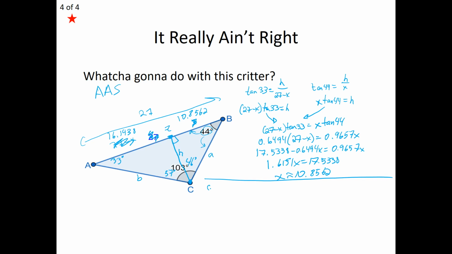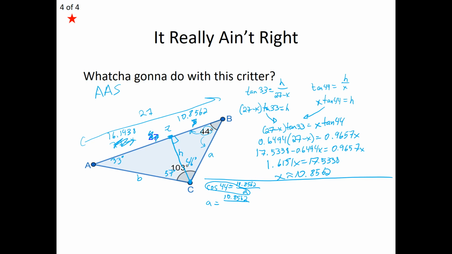So we have the cosine of 44 degrees is equal to the adjacent side, 10.8562, divided by the hypotenuse A. Now, remember this algebraic trick? You can just swap those two guys. You get A is equal to 10.8562.